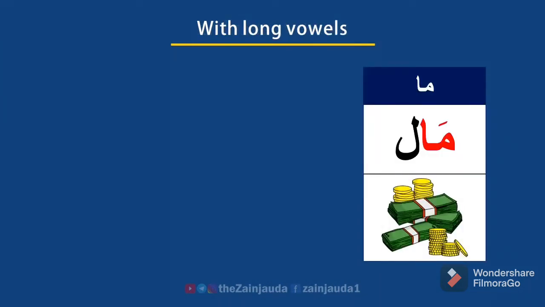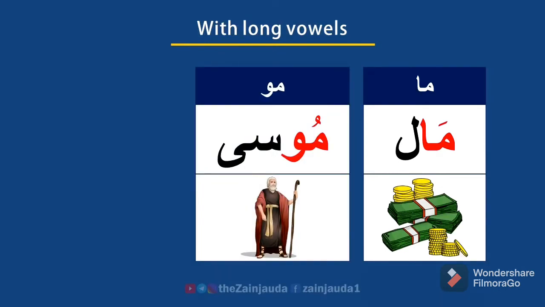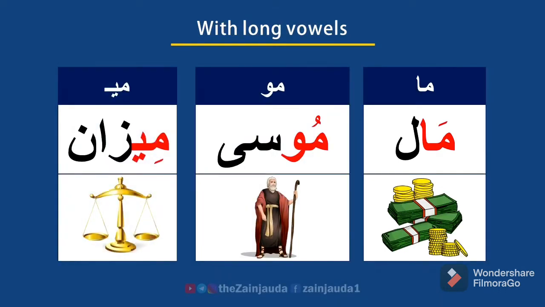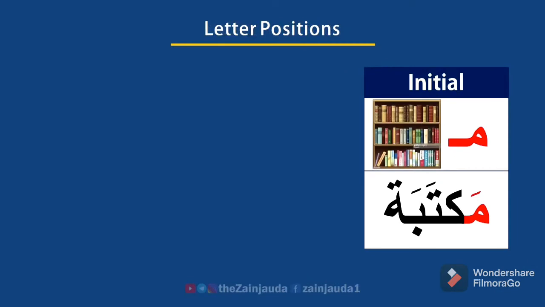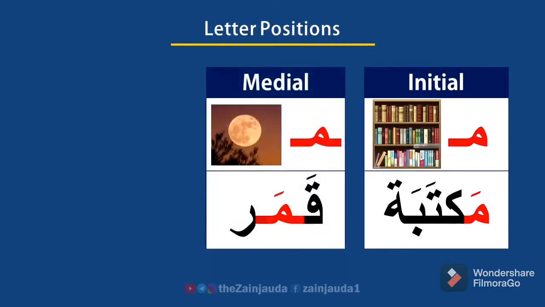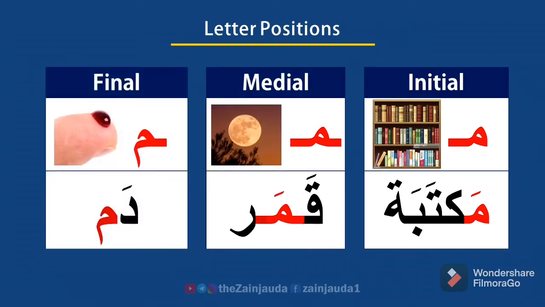Now with the long vowels, mal, Musa, mizan. As for the three positions, in the initial position, maktaba. In the medial one, qamar. And in the final position, dam.